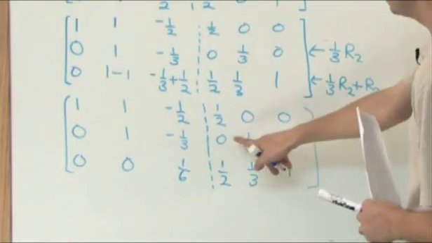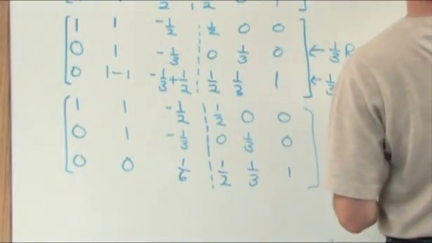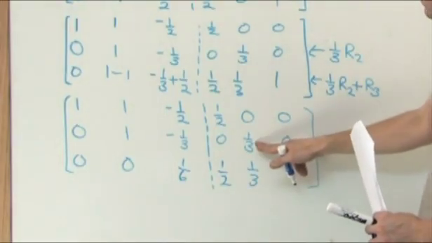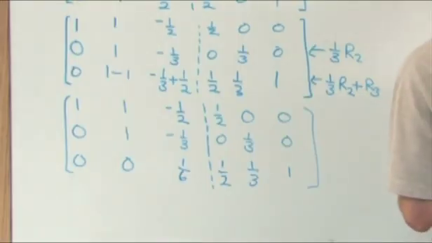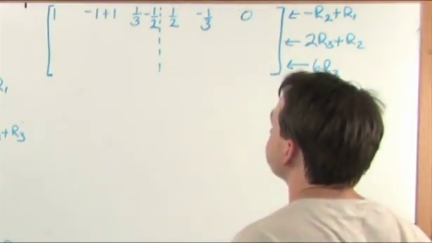Down here, negative of 0, 0, plus that is just going to give you the plain old 1/2. Negative of this row is -1/3 plus a 0, which gives you -1/3. And then negative of 0, 0 plus that, you're just going to have a big fat 0 there.